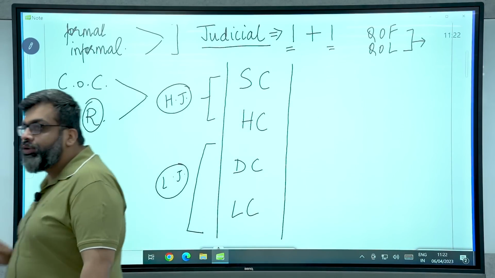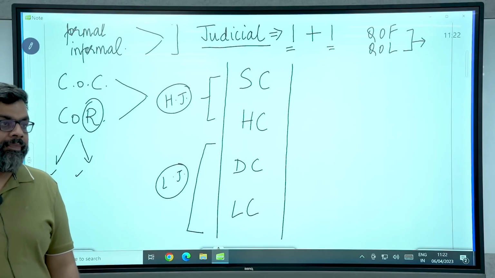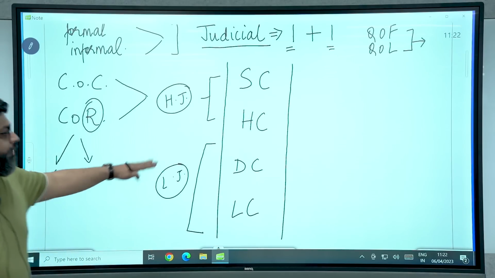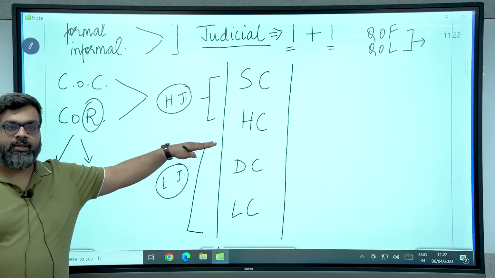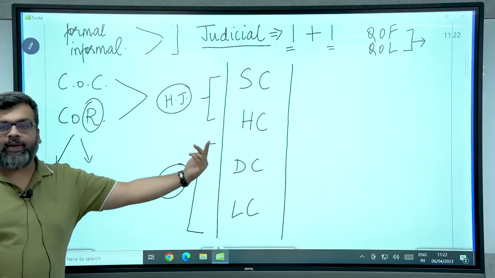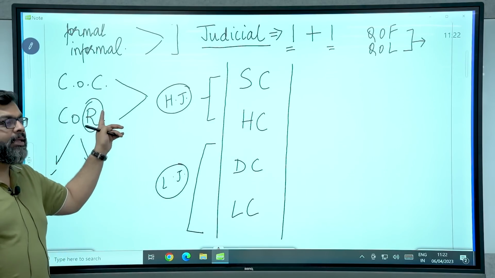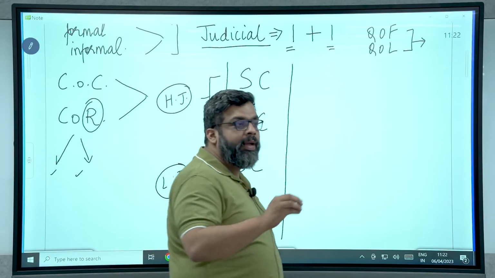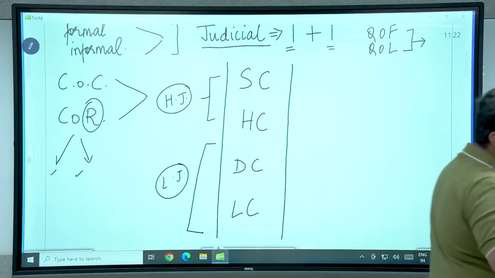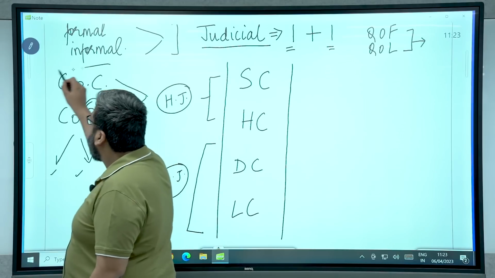And both our judicial systems at the higher level are courts of record. Why? Because your facts have already been established in the lower courts. You can question facts, argue on facts, debate on facts in the lower courts. Now that you're presenting something here, it better be true. You cannot mislead the court, you cannot mislead the judges, you cannot mislead the lawyers. Clear? Which then brings me to something called contempt of court.